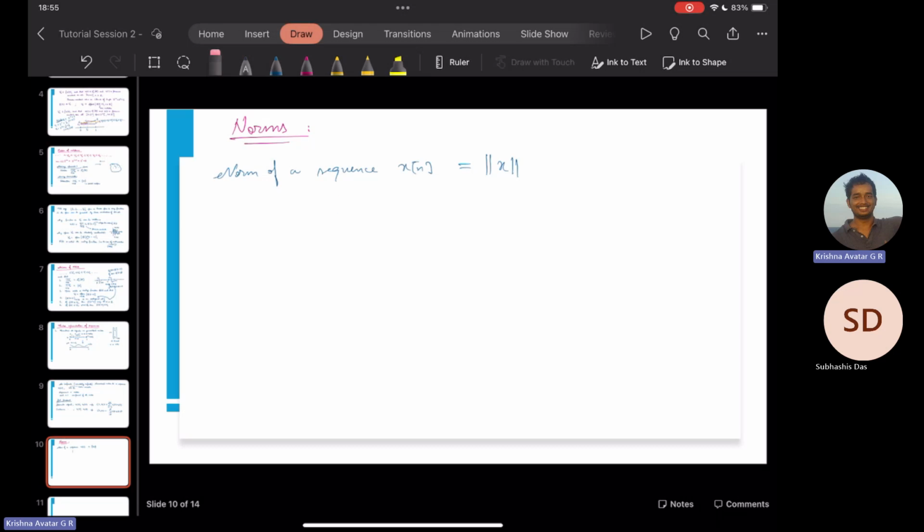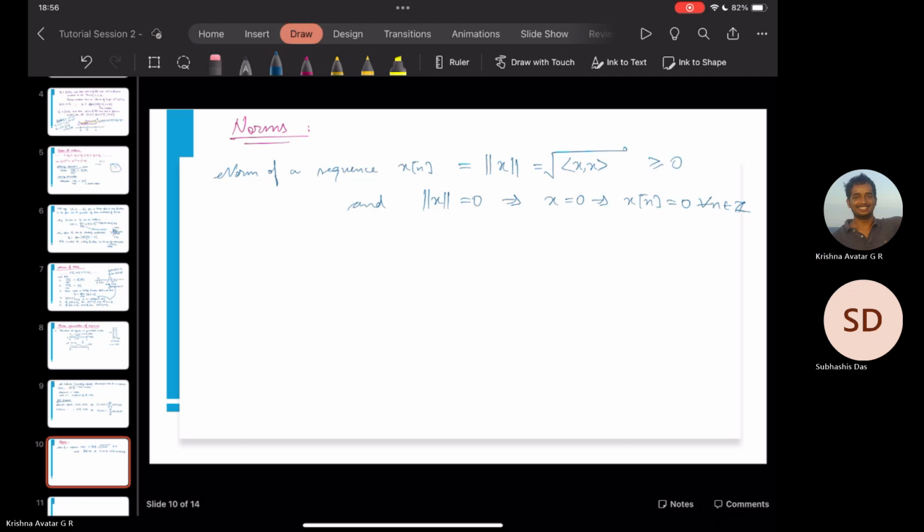So you first take the inner product or dot product of the signal x with itself and take its square root. Because of which this is always going to be greater than or equal to 0. And the norm of x being 0 implies that x is equal to 0, which implies that every component of x is going to be 0. Right? Only for a 0 signal can we have the norm to be 0, right?